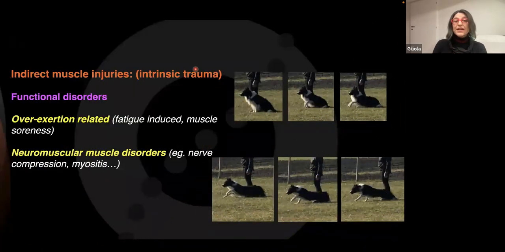But we also have indirect muscle injury, and these are the ones that are very difficult to diagnose and to spot because they are functional disorders and could be overextension related. Typical example, an agility dog that is training too much and has not enough time to recover. Or like our patient that has a chronic arthrosis in the elbow and is using too much other muscle.